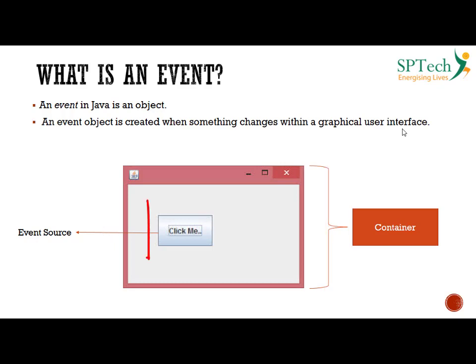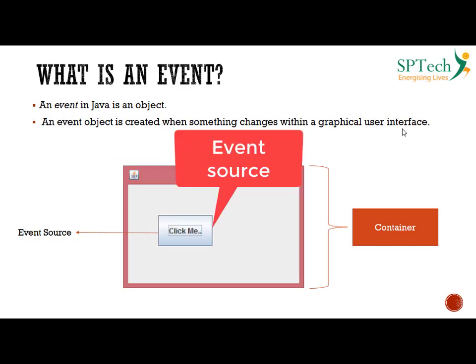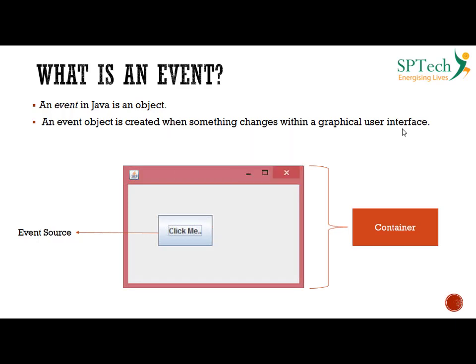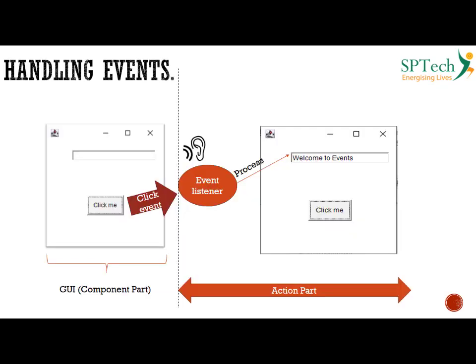When I click on this particular button, an event will be generated. So we can say that this button is the source of an event. What happens when the event is generated, and how to handle that event, is called the delegation event model in Java.